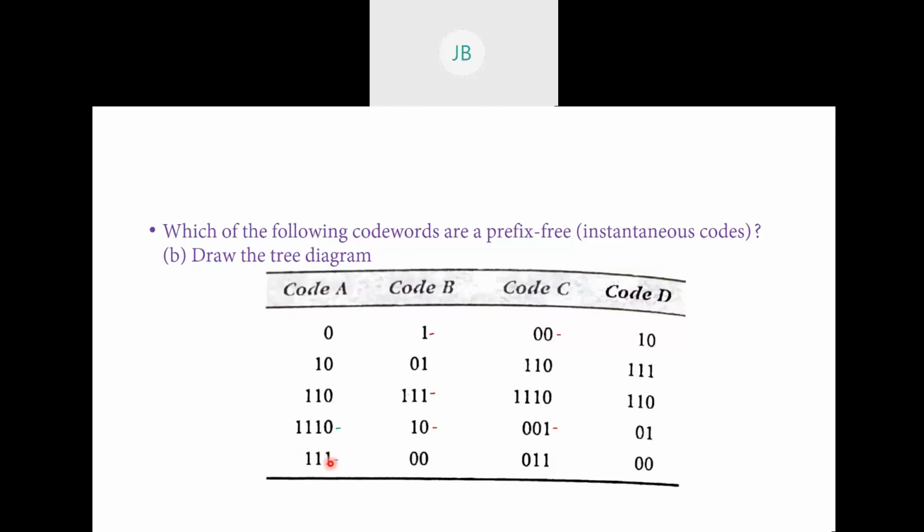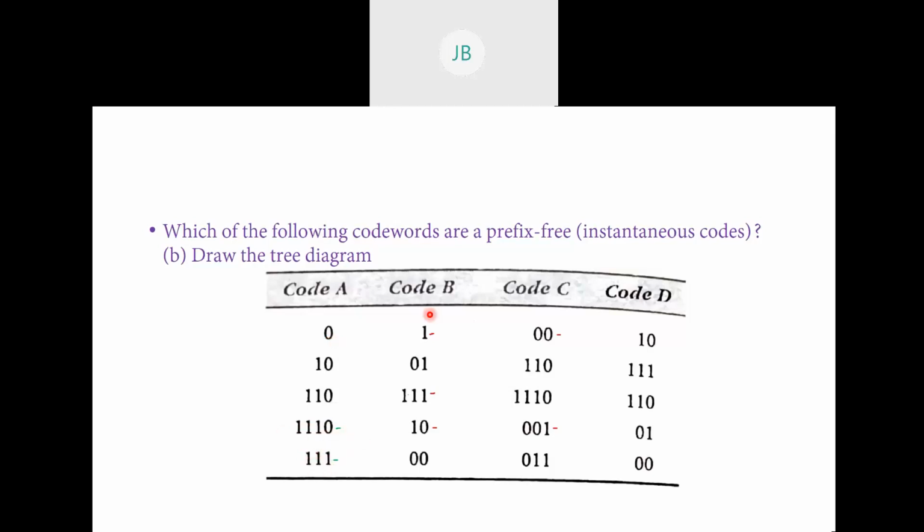So code A is not prefix-free. There is a problem because this is a prefix of this, and it is difficult to understand whether the entire thing is D, or a combination of E and A.